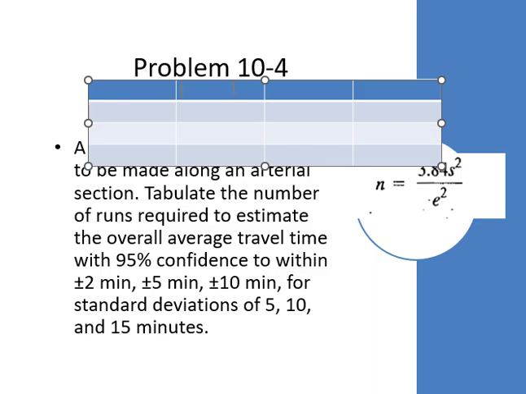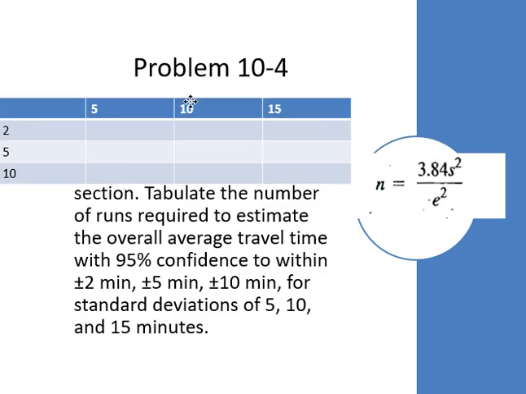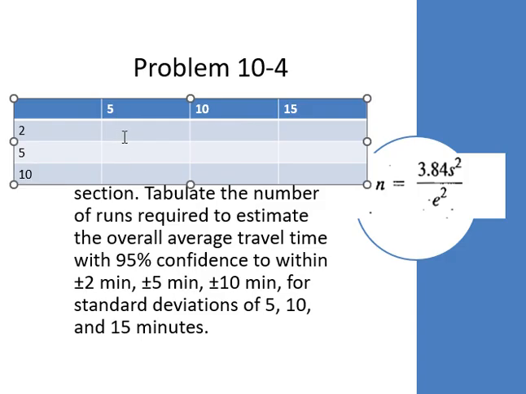So standard deviation can be 5, 10, and 15, and the E can be 2, 5 and 10, and you can see every time they write E they do plus minus, because it is related to the confidence interval. So it can be plus or minus. You have the equation, you have the values.